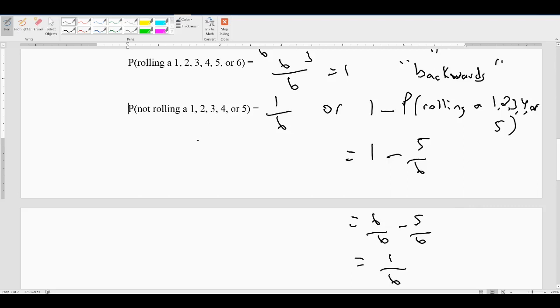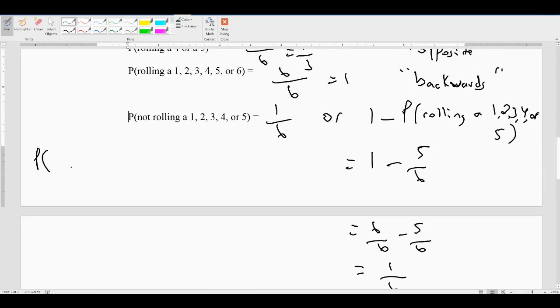A better question might have been the probability of not rolling a 2. So let's say I ask you that one. It can't hurt, right? Probability of not rolling a 2. You may want to do 1 minus the probability of rolling a 2.